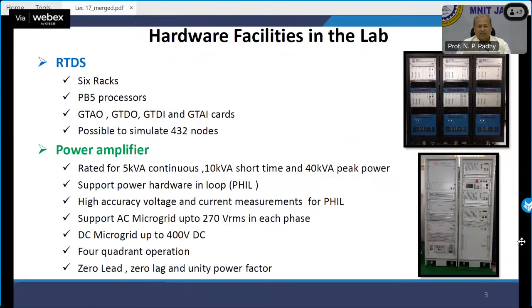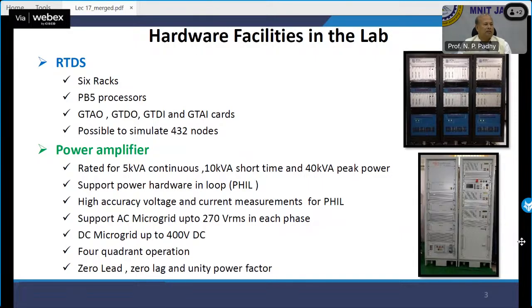So fine, fantastic. Let us move to the facilities which are available to have a glance. If you wish to have some facilities, you can create your own. We have RTDS of 6 racks, PB5 processors, and GTAO, GTDO, GTDI, and GTI cards available. It is possible to simulate close to 432 nodes.